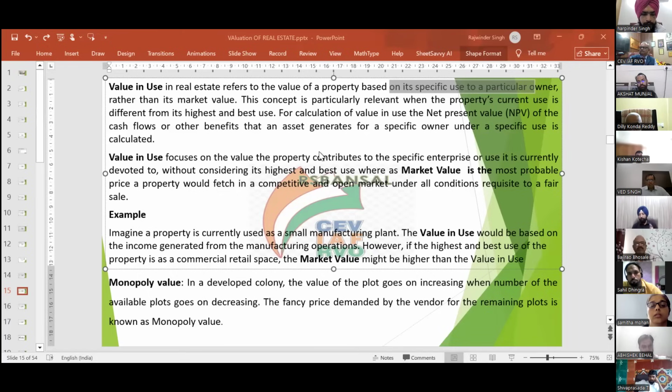So I will have the monopoly to sell that plot at a much higher price than the market price in that locality. So that will not reflect the actual market price or market value in that area, because of monopoly. So that is called monopoly value.